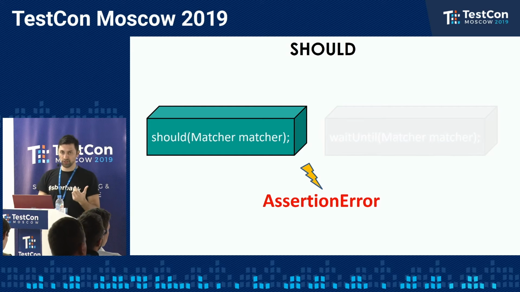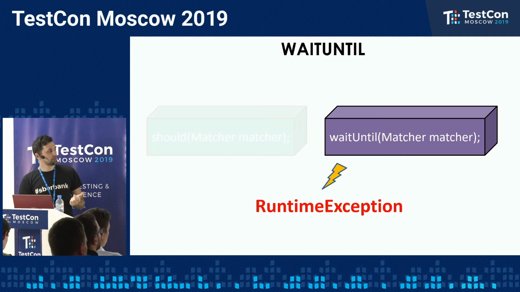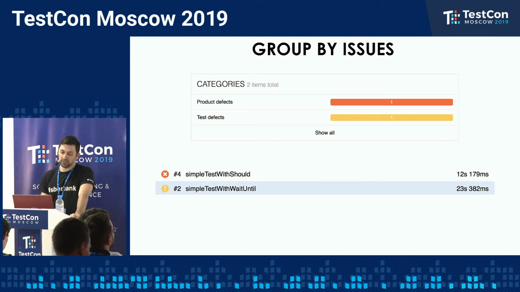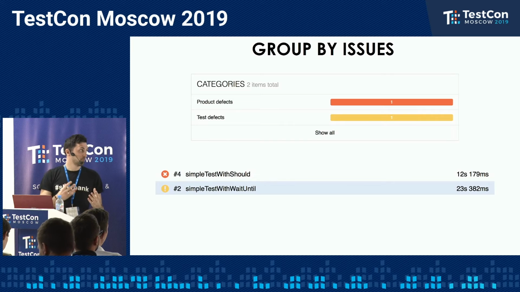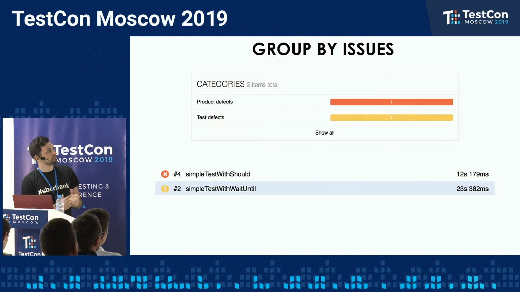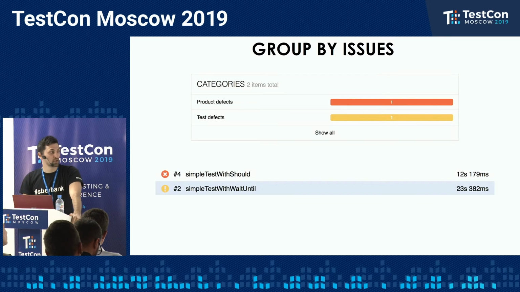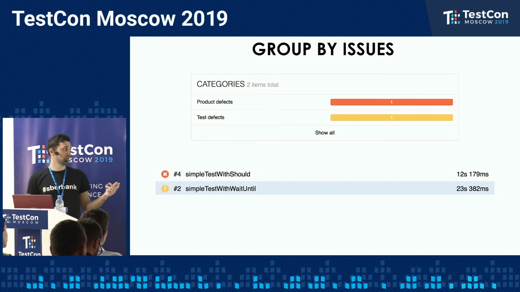And what's the difference? So should throws assertion error and wait until throws a different exception. So why has it been done? To split the responsibilities. So if you have a product defect, it throws a should exception, and when you look through the report, you can give it to the functional test specialist.